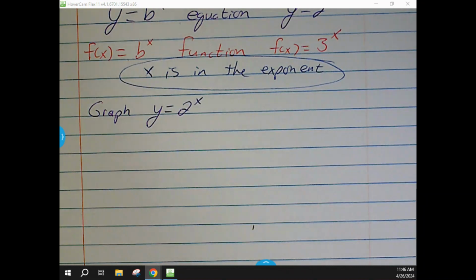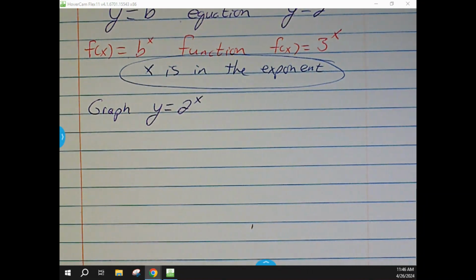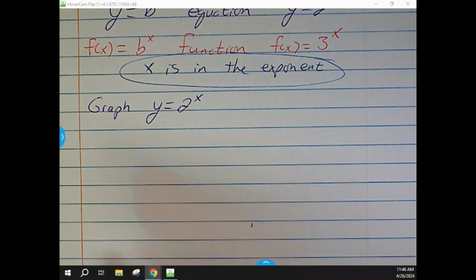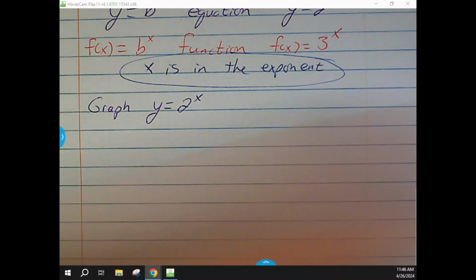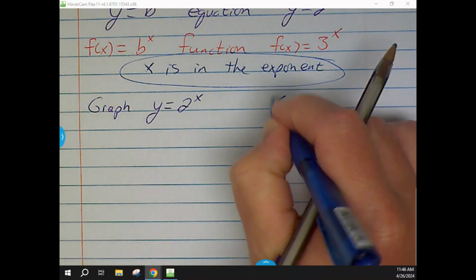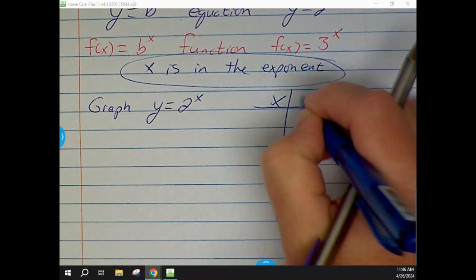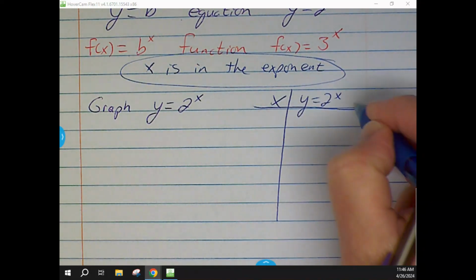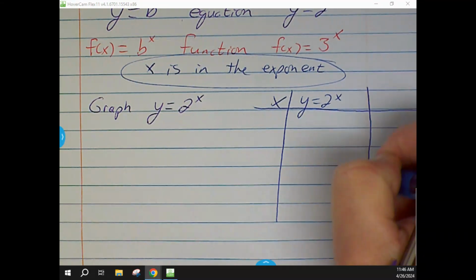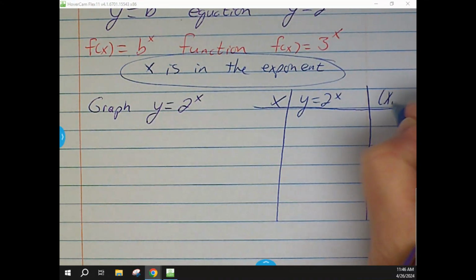The very first one, we're going to show you how we get the numbers, and then we'll go with everything from there. So over here on the side, just make an X and make a chart. Then we'll put in the ordered pairs over here.